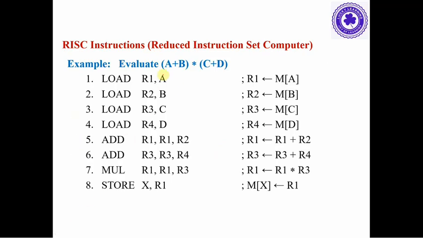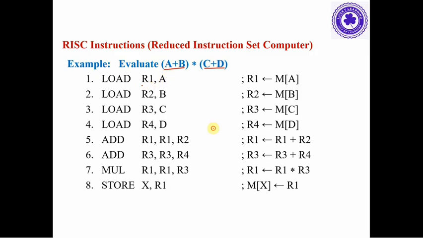Now look at the example A plus B star C plus D. Every operand must first come into a CPU register, and only then is the operation performed. Because in RISC architecture, we can't perform operations like addition, subtraction, multiplication directly on memory locations. First, it has to bring them into the CPU registers.